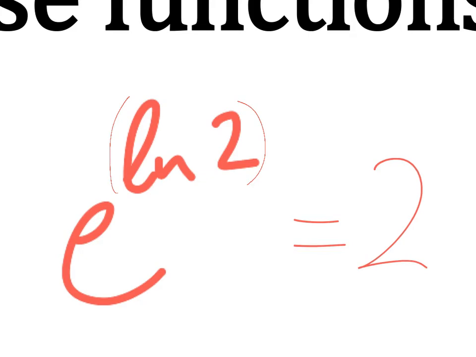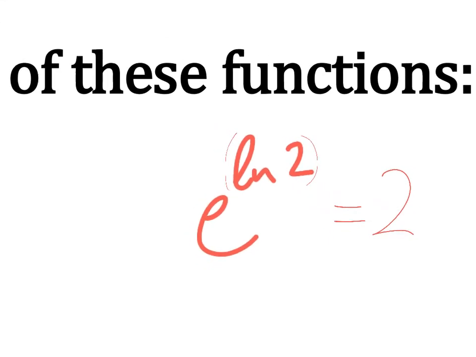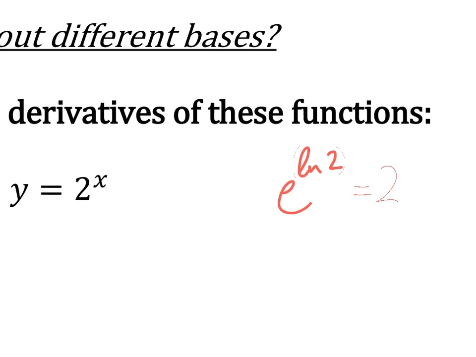All right, well, we didn't have 2 here. What did we have? We had 2 to the x. So we have 2 to the x, or e to the natural log of 2, to the x. And here we've got a power to a power, which we can write by multiplying: x times the natural log of 2.